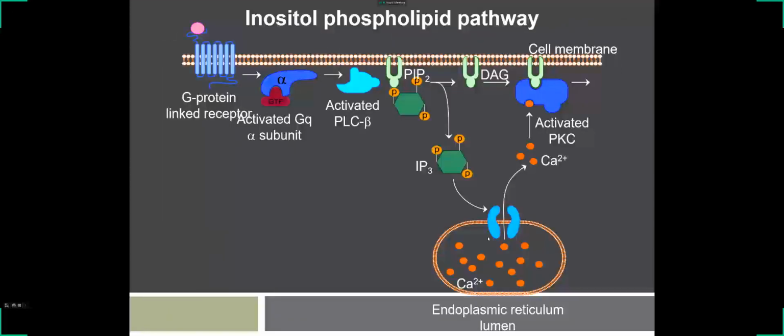Now, cyclic AMP and PKA are not the only pathways, so we talked about Gq, alpha Gq. Alpha Gq leads to an activated PLC beta, which then, in this case, interacts with lipids at the membrane. It hydrolyzes this PIP2 into this IP3 complex.